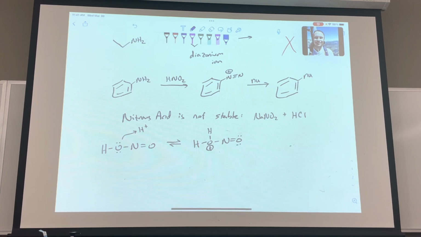And then in the next step, we just eliminate the water. And that is our active electrophile. This is what is going to ultimately react with the aromatic primary amine, and this is what we call the nitrosonium ion.